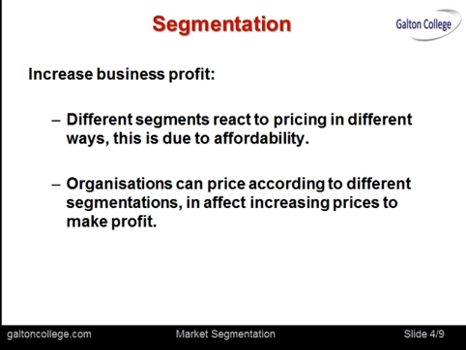And even if it's not based on price, simply selling more as a consequence of the segmentation will generate more revenue anyway, which should be more profitable. Organizations can price according to different segments, in effect increasing prices to make a profit. But as I said, it may also be more profitable simply because there are more sales, because the product is more targeted at the customer, and therefore the customer buys more of the product.